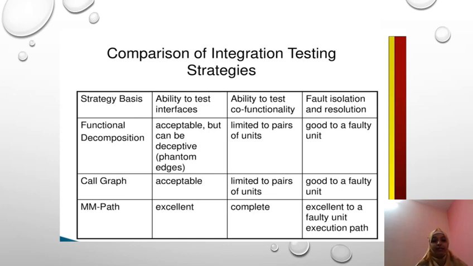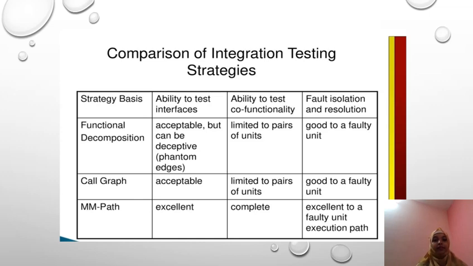The strategy basis covers the ability to test the interfaces, the ability to test core functionality, and fault isolation and resolution. The second topic is functional decomposition. It is acceptable but can be deceptive, limited to pairs of units, and good for locating a faulty unit.